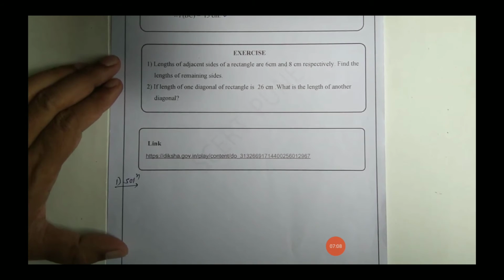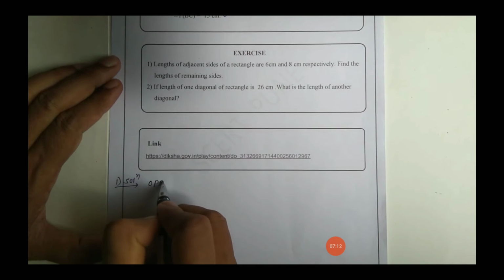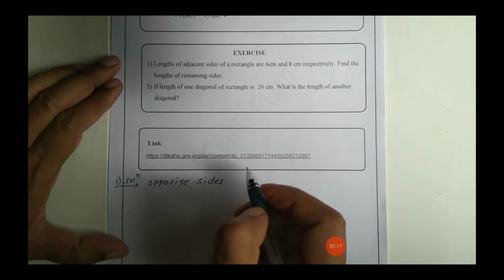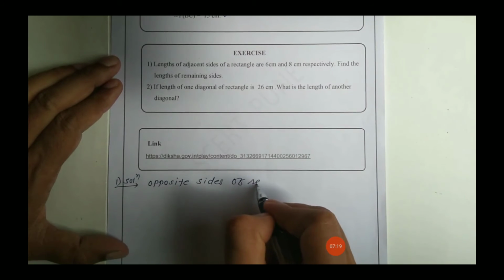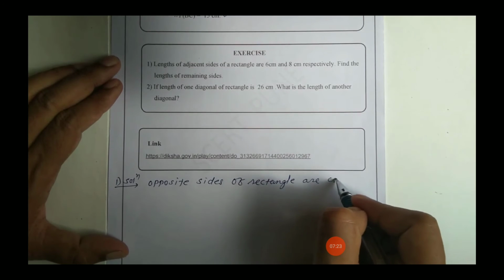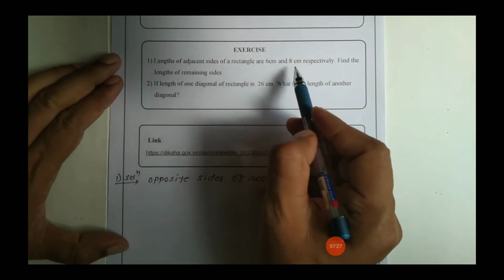Okay, see here, what is the property? Opposite sides of rectangle are congruent. Yes, therefore two sides are given 6 and 8.